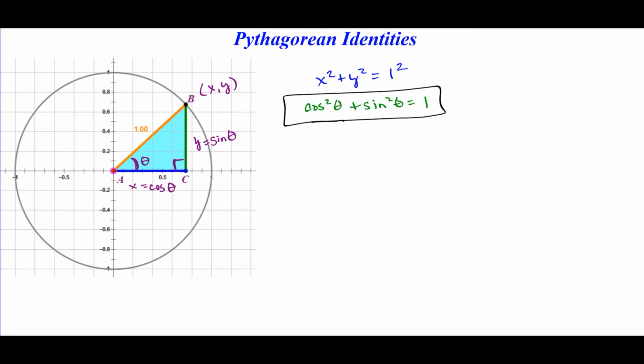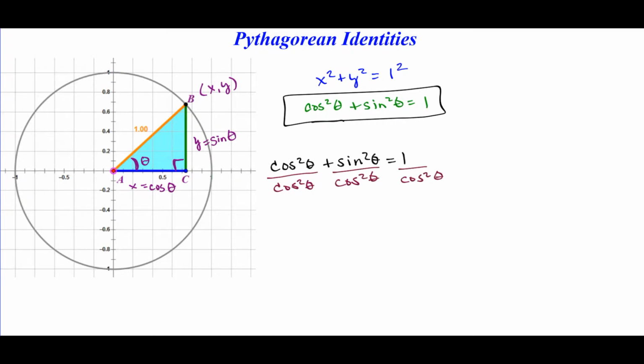From the Pythagorean identity, we can also get two corollary statements. I'm going to start with the same statement, cosine squared theta plus sine squared theta equals 1. I'm going to divide each of these terms by cosine squared of theta. If I'm dividing both sides of the equation by this, then we're just changing the form of the equation, not the equation itself.